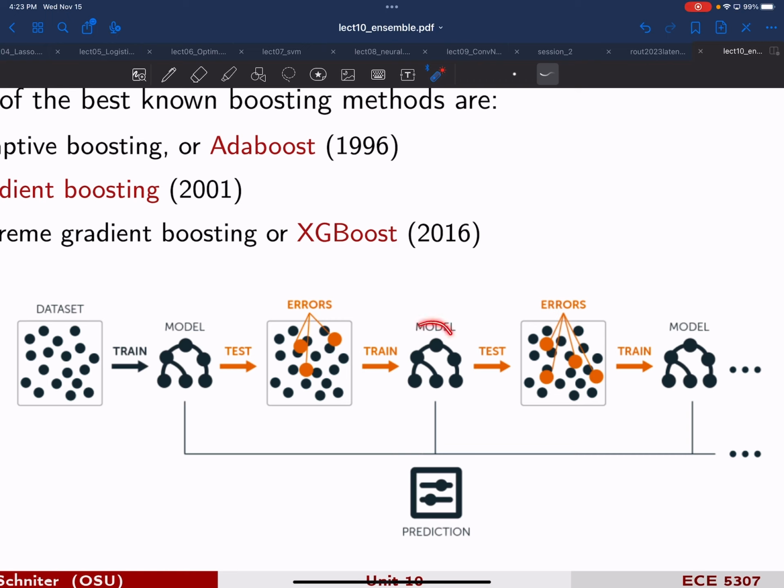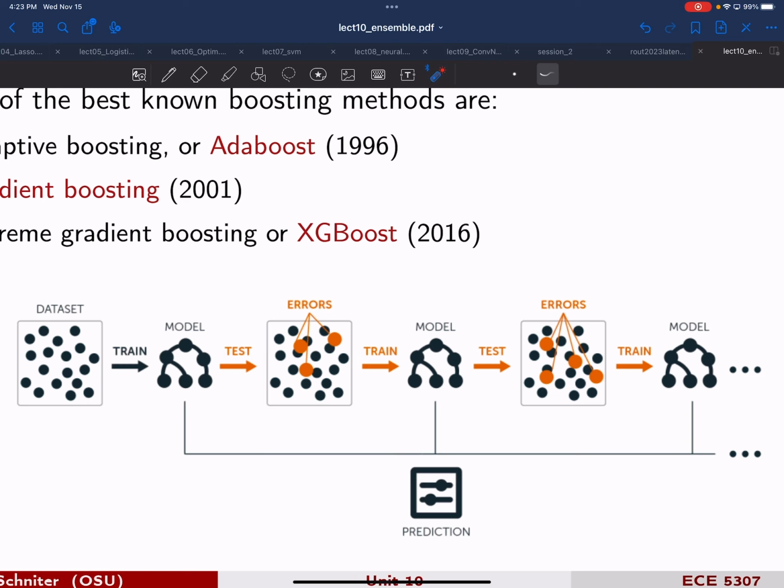Anyway, however this model does, you test it and you notice, okay, that has these new errors, and that is going to determine how you build your loss for the next model and so on. And so you end up training these sequentially, one at a time, but you do in the end combine them usually in an additive way. You scale this tree by a constant, and you add this scaled tree and this scaled tree and so on, and that's how you get your final prediction. But at least the training is done sequentially.